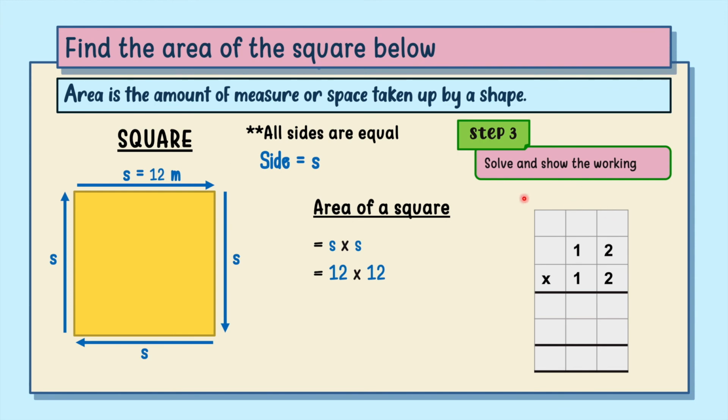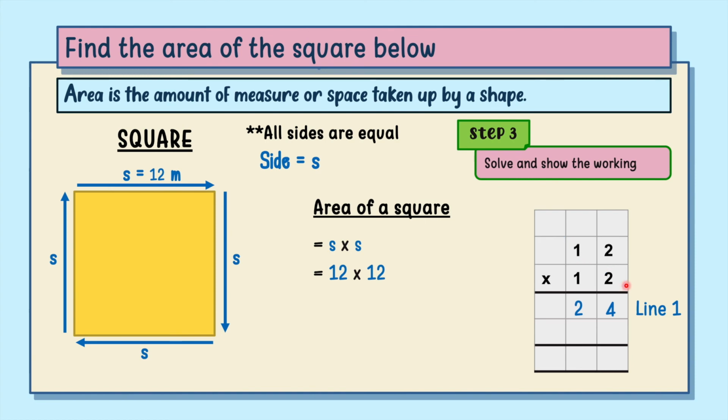So let's do the working at the side here. 12 times 12. Remember, this is 2-digit by 2-digit number. So line 1, 2 times 2. The answer is 4. Next, 2 times 1. The answer is 2.